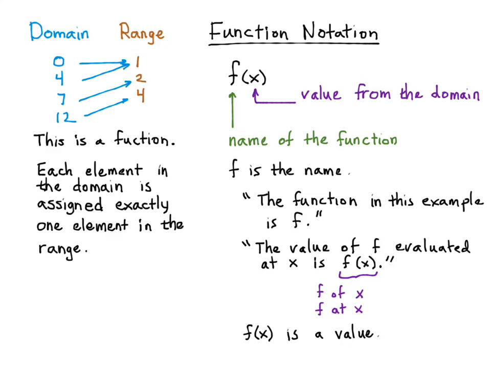And so while f is the name, f at x is a value. So what you're saying is that this function applies a rule to that variable x to get another value.